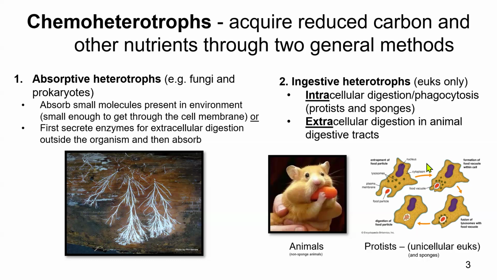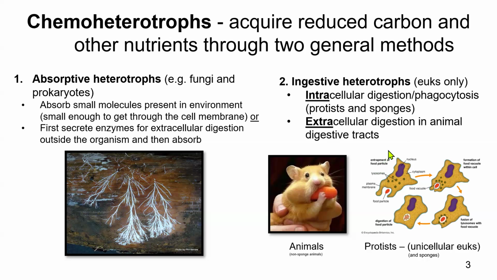Or animals like us are extracellular ingestive heterotrophs, where you bring a piece of food into your digestive tract. Technically that's sort of inside of your body, but it's still outside of your individual cells until it's broken down and digested and then eventually absorbed across cell membranes and gets into your cells and your bloodstream and things like that.